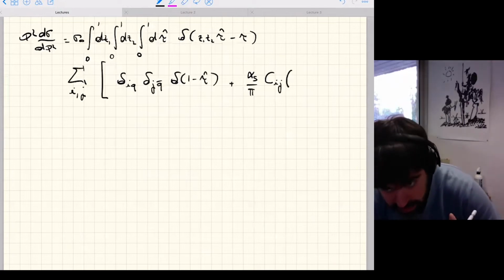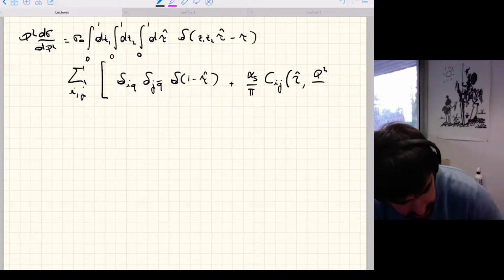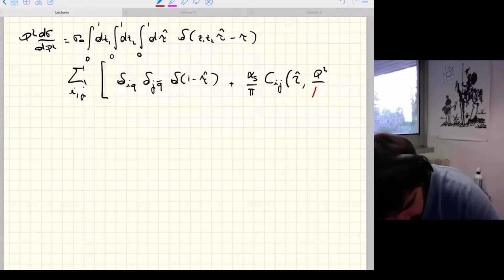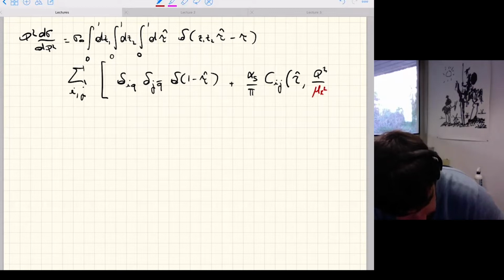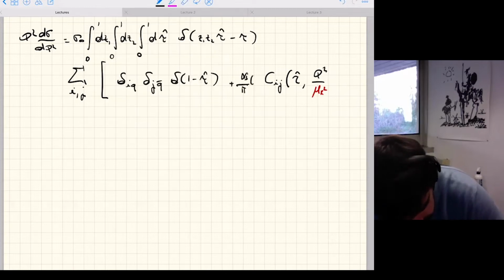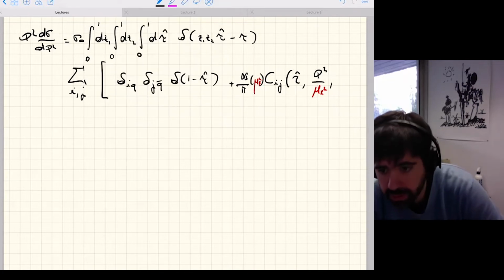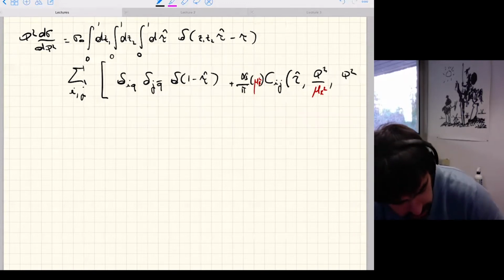What do they depend on? They are distributions in tau, and they depend on tau hat. They can depend on the renormalization scale, and if I write the renormalization scale there, then I mean that alpha s is evaluated at the renormalization scale. Then they do depend on the factorization scale.